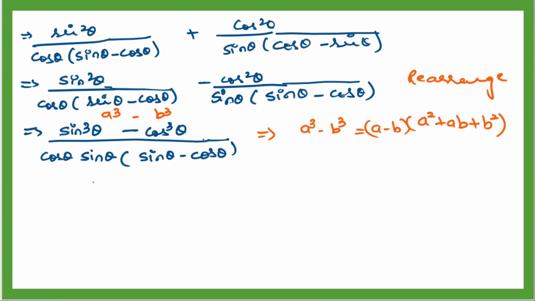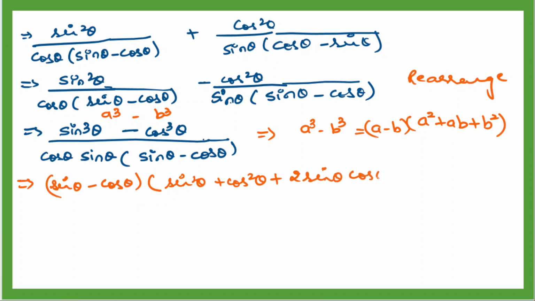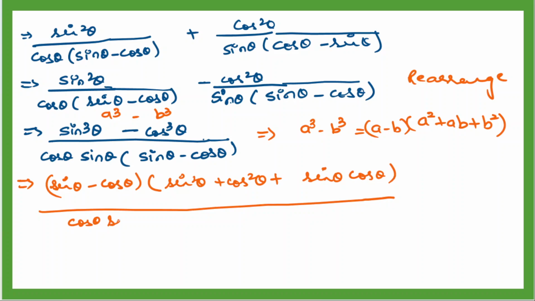Okay. So this will become sin theta minus cos theta in one bracket. In second bracket you are getting sin square theta plus cos square theta plus sin theta cos theta, divided by cos theta sin theta.